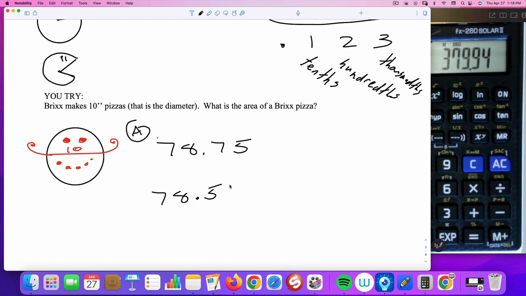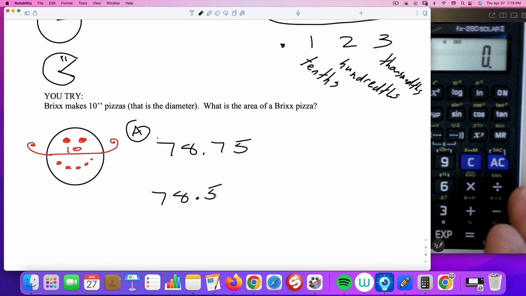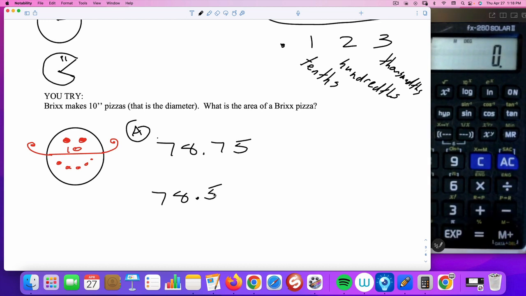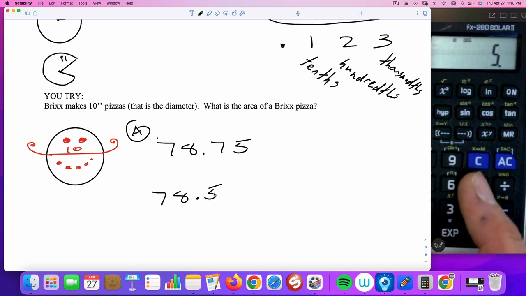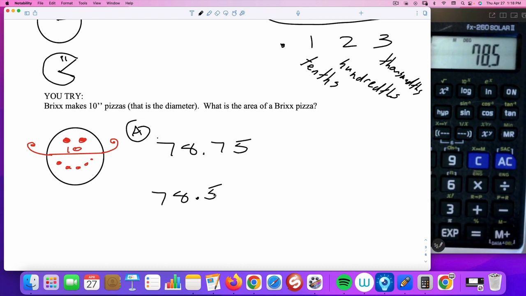Did you say 0.5 or did you say 0.75? Let's check. Did you use the pi button or did you use 3.14? Okay. Jacob, did you use the pi button? Okay, let's see what we get. 3.14 times 5 times 5. Oh, I got it now.